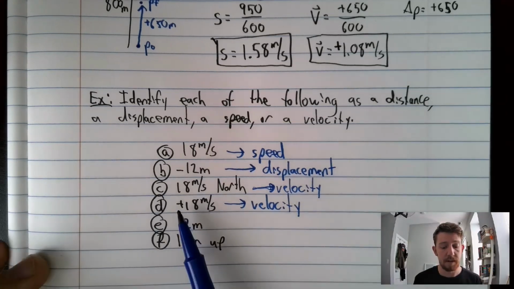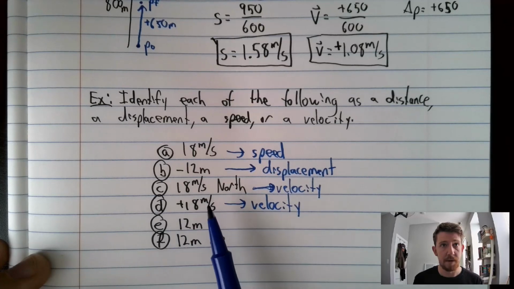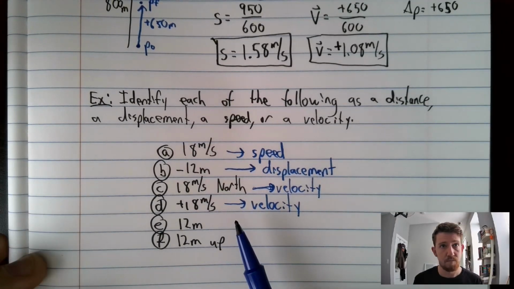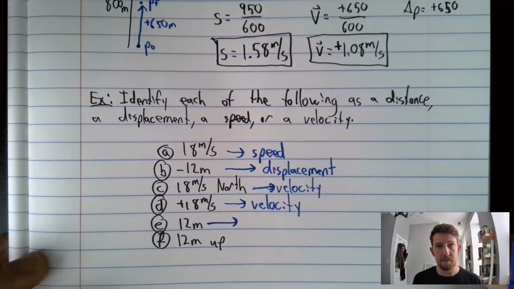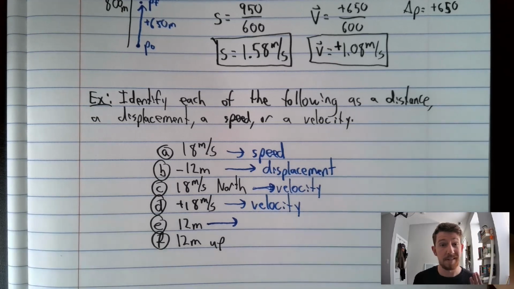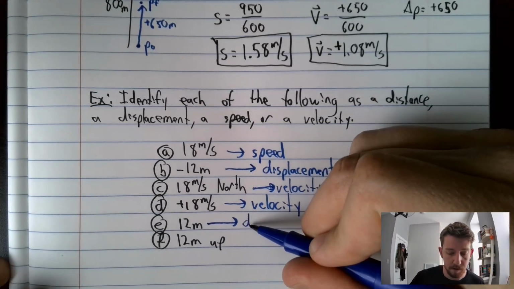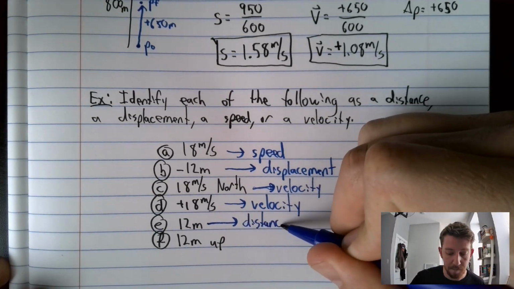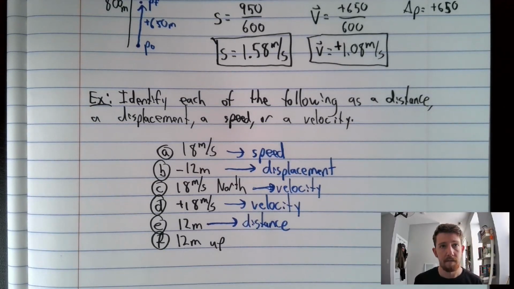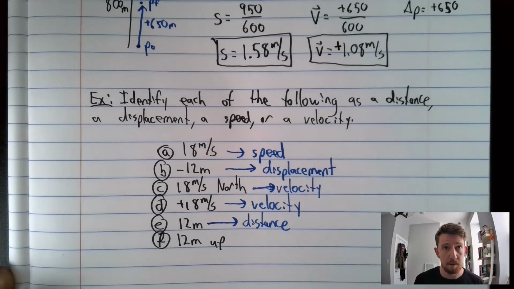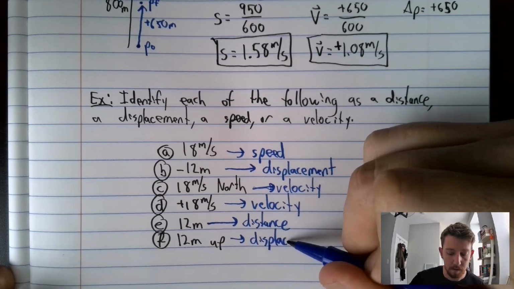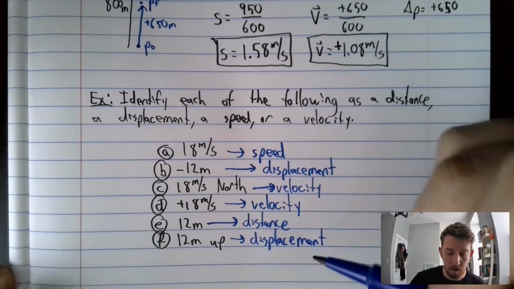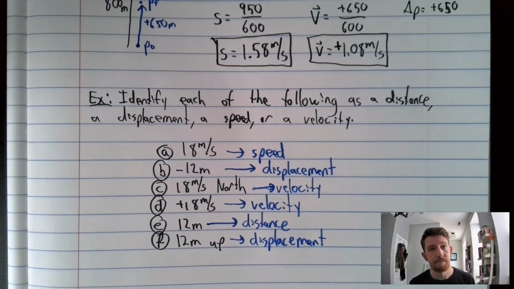So the plus is a direction, and meters per second is the unit for speed or velocity. Meters, it's got to be distance or displacement. This one is distance because there is no direction. And finally, 12 meters up is displacement because up is a direction.